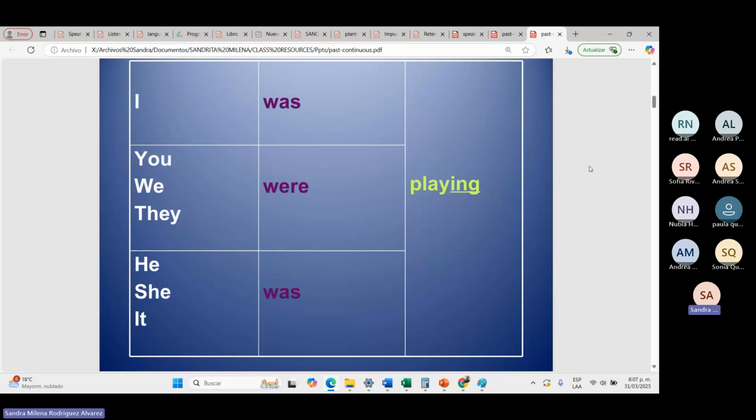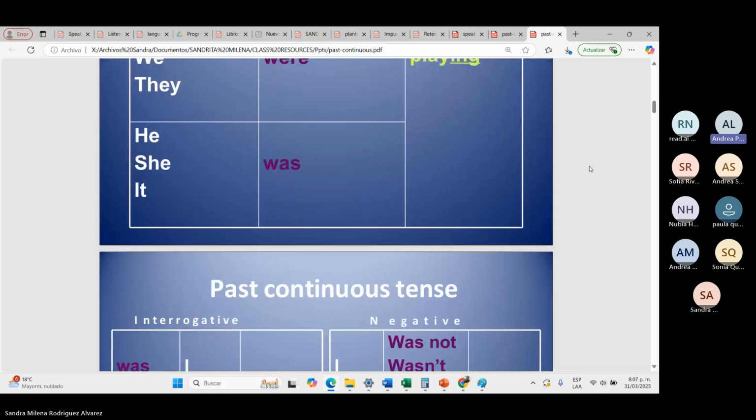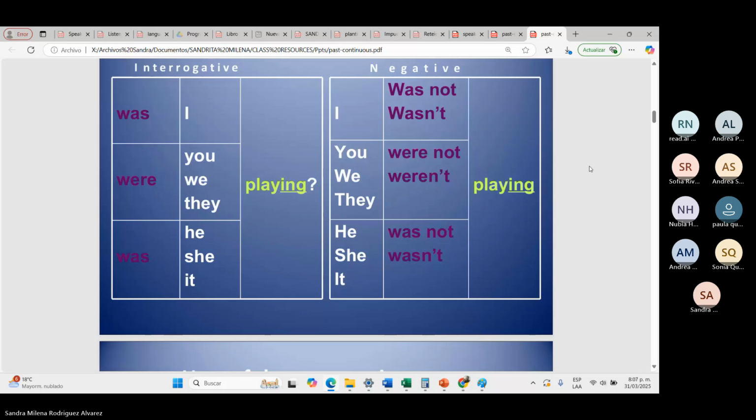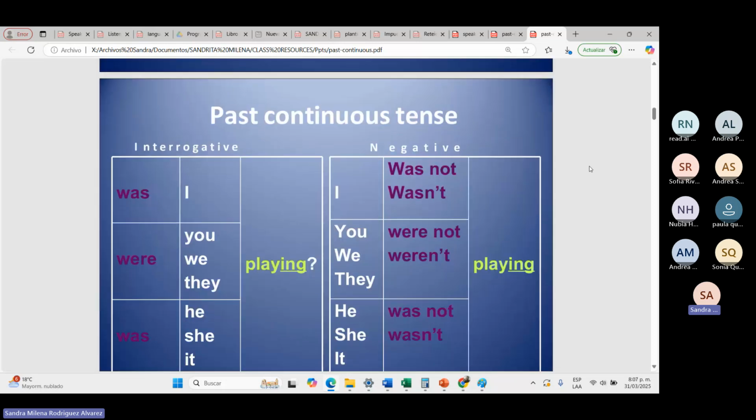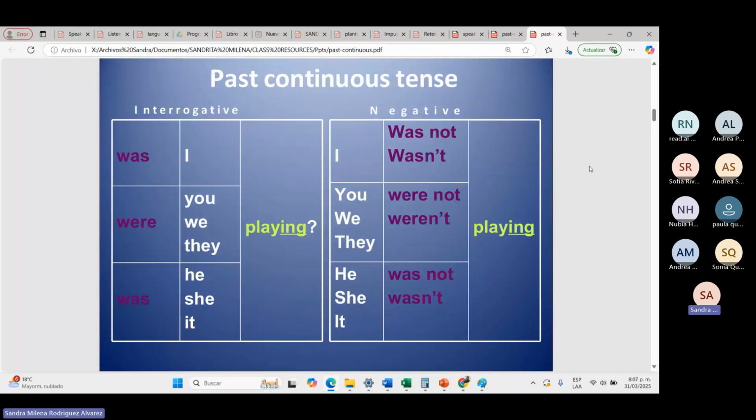Then we have the other two forms. We have the negative forms. For example, the subject, you, and then we have the negative forms wasn't, weren't, and the verb with ing. For example, I wasn't playing, yo no estaba jugando.